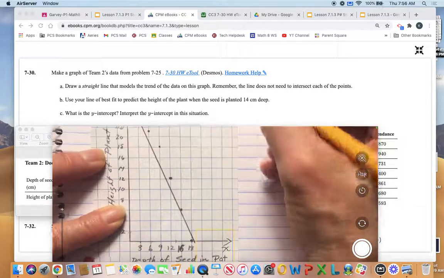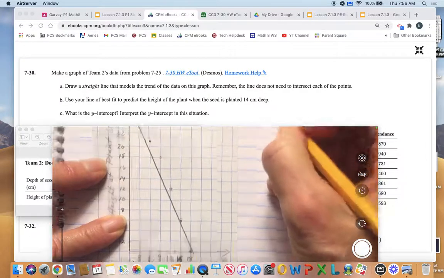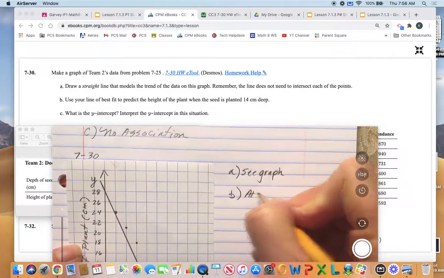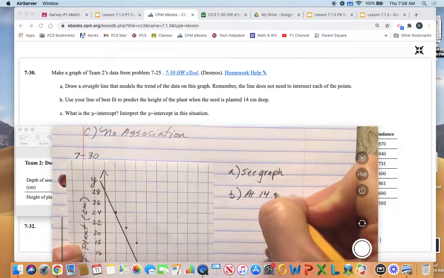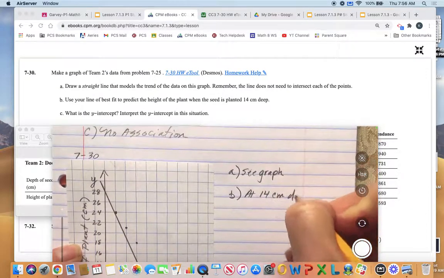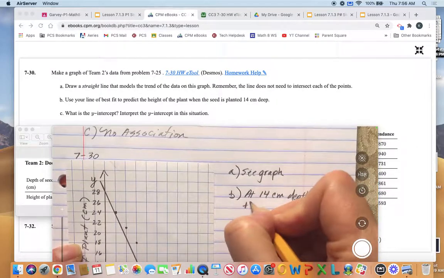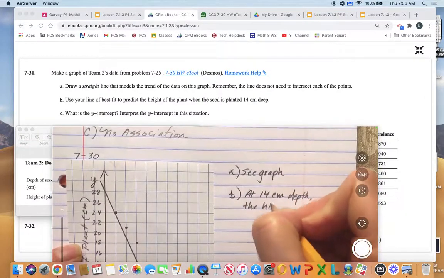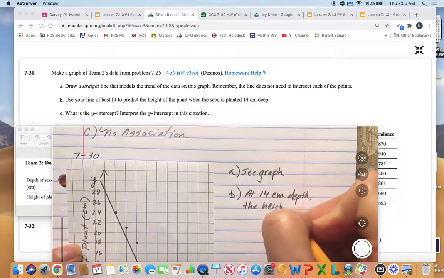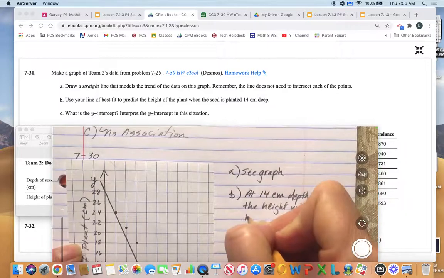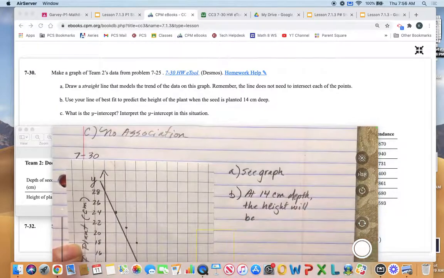Okay, so let's write that down. At 14 centimeters depth, the height will be, what was that again?